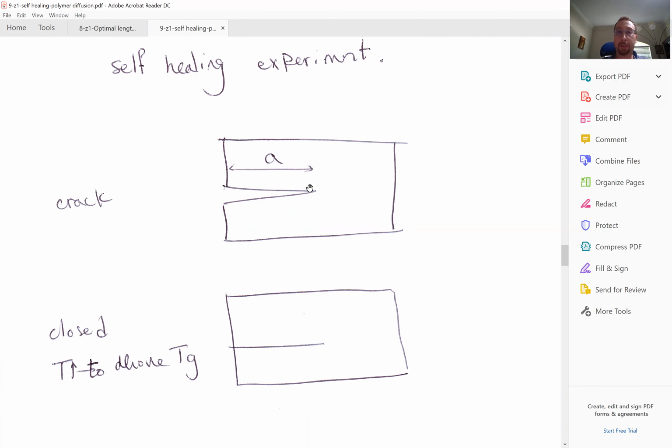We have an initial crack in the material, and we measure K1C or G1C. And if you compare it with the original terminology that we had, this is the virgin material.